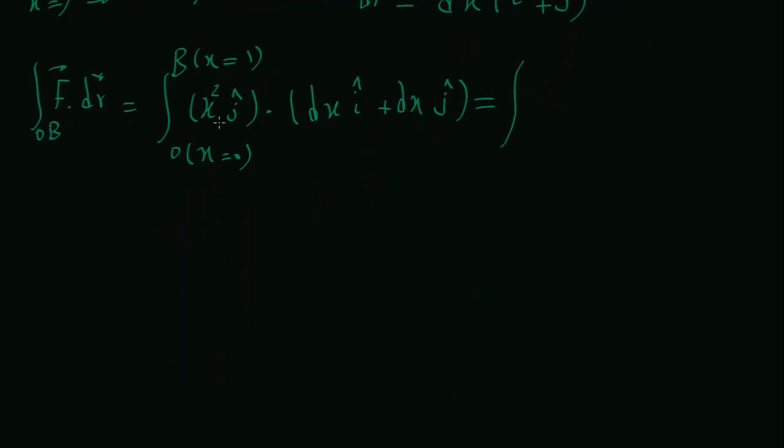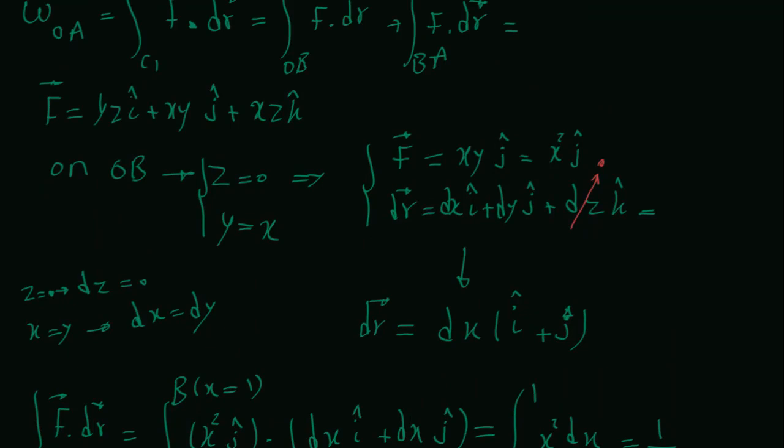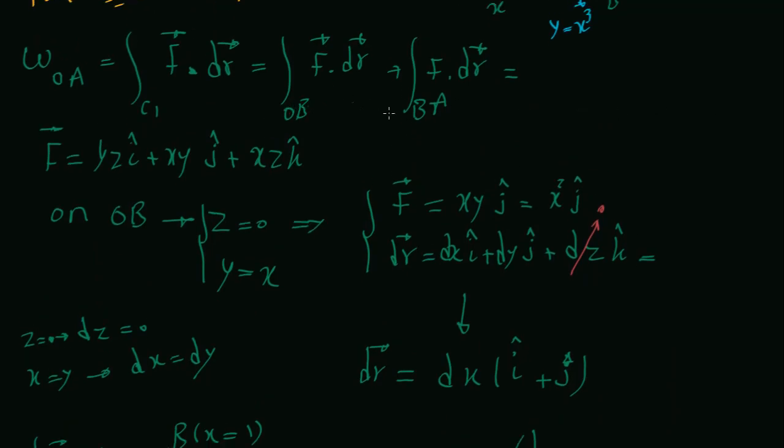There is no i term here, it's just 0 times dx, and we have the j term, x squared times dx. That's the integral of x squared dx from 0 to 1, which is x cubed over 3 from 0 to 1, which is 1 over 3. So that's the first part of that integral for calculating the work along the first path.